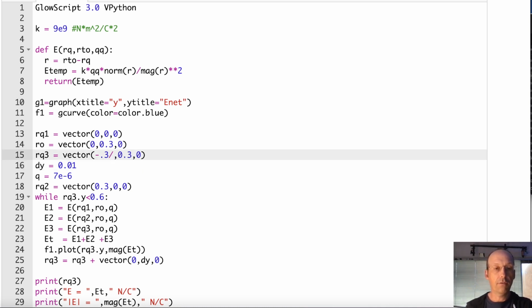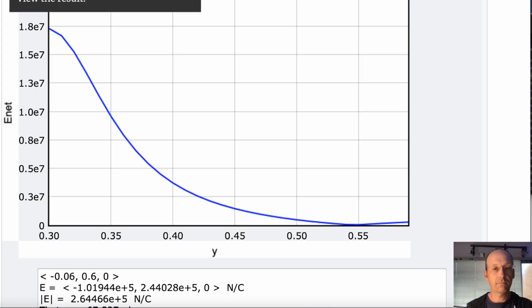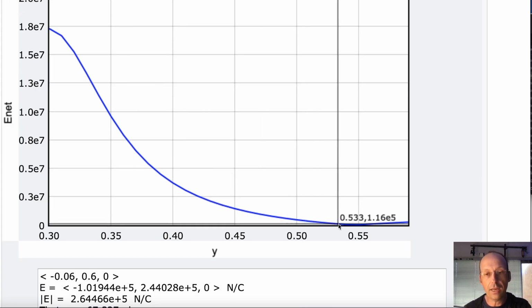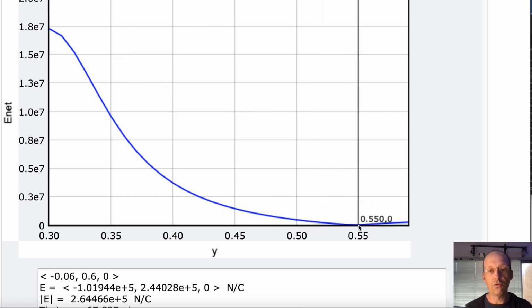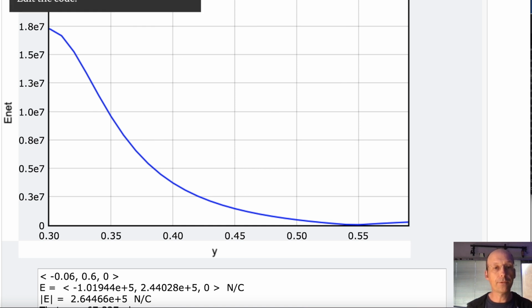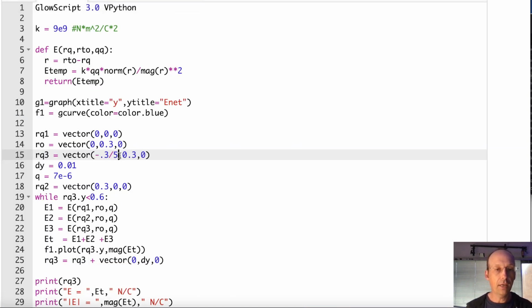So let's do 5. Okay. So you see here it got to a minimum. That's important. Let's actually use that. So 0.55 for my y value. Now I'm going to go up here and say 0.55 for my y value.